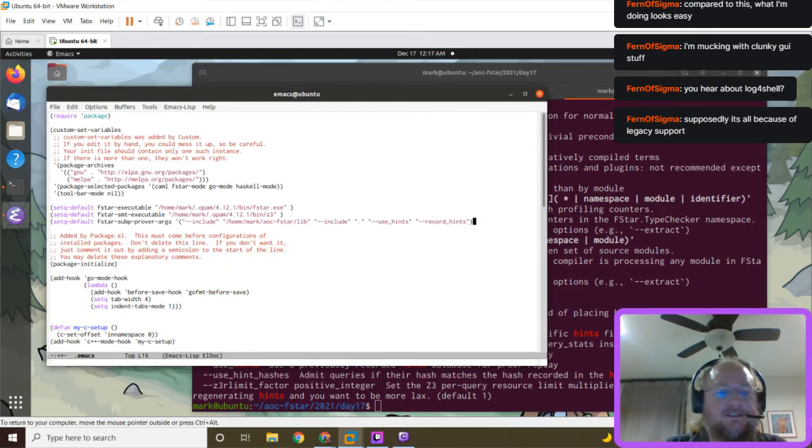I wish I could set it just for this one directory. I guess I could do set options at the top of the file. Let's try that first.